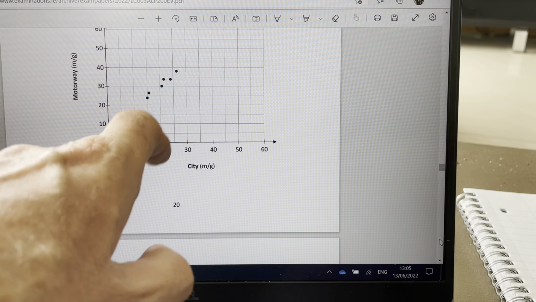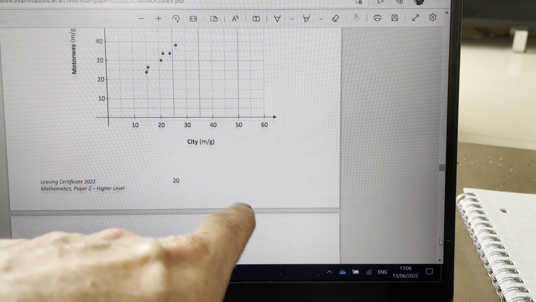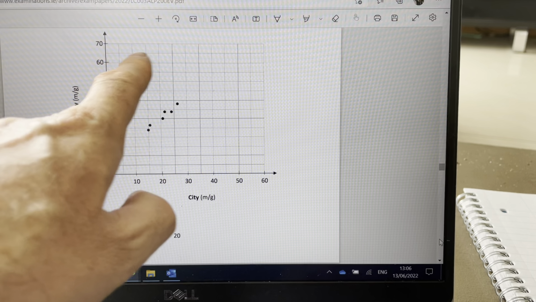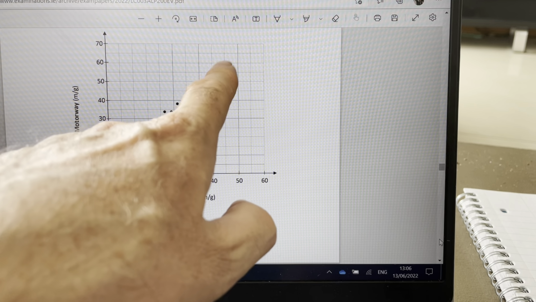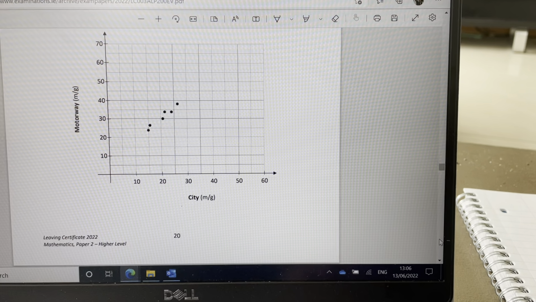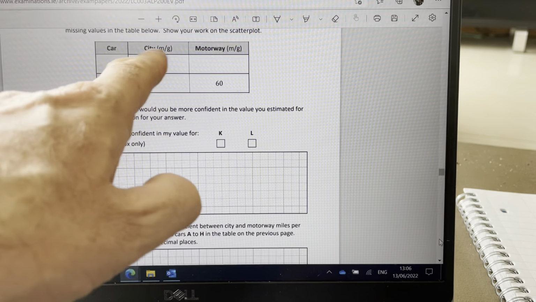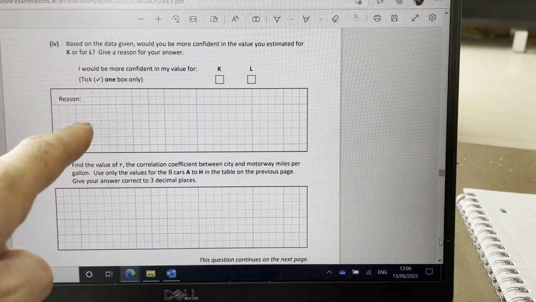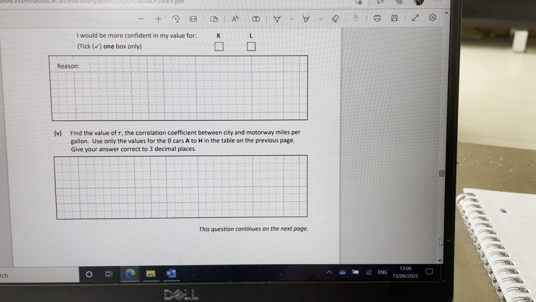I'm guessing that's the one you'd be more comfortable with rather than the motorway 60, which would be up here, cutting the line somewhere very far away. It's an outlier from the bunch. So I'm guessing that would be the most confident, but they're giving you a personal input, and as long as you make a good case there, you're okay.